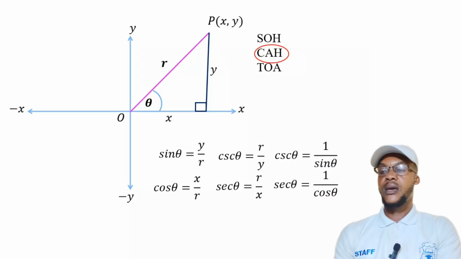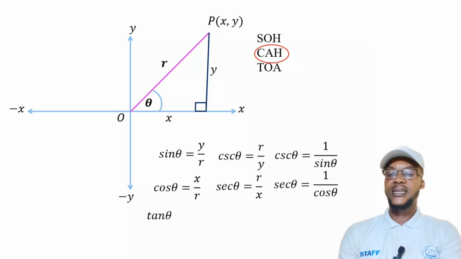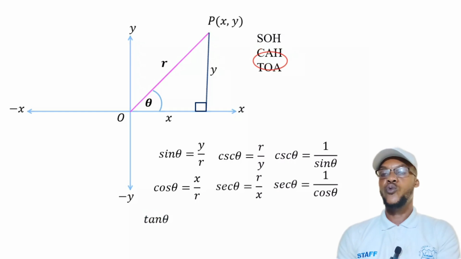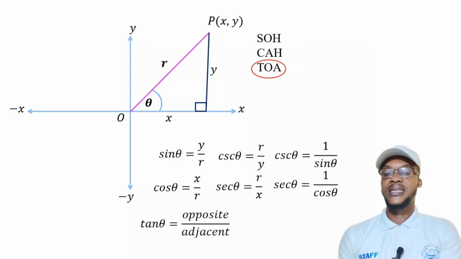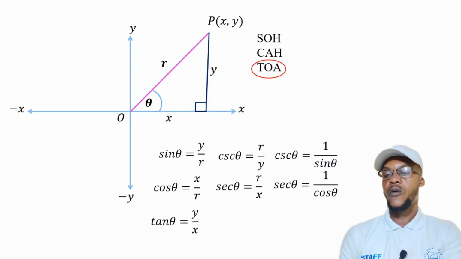So take note of this one. That is the reciprocal. Then let's look at tan. For tan, we are using TOA, which suggests that tan theta is the opposite on adjacent. We know our opposite as y and adjacent as x. So we just substitute, and then we get tan theta as y on x.